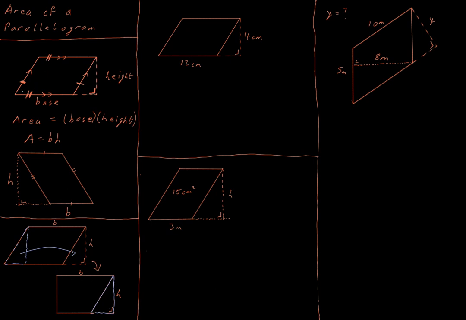The other one is to notice that if you draw a diagonal up through the middle of your parallelogram, you see that you have two triangles, and you can work out that these two triangles are identical, the same triangle just rotated around or reflected.